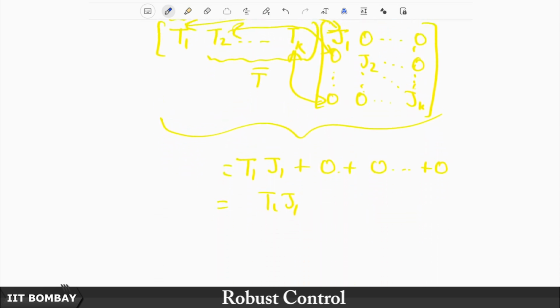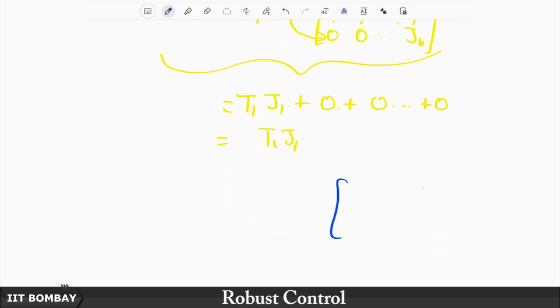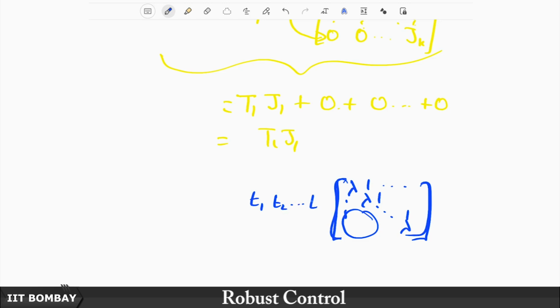You get back nothing but... now think of this J1, what does this J1 look like? This J1 looks like lambda, lambda, and so on, lambda, with 1s above. And then you have this T1. This T1 will contain columns like T1, T2, and so on till TL1.